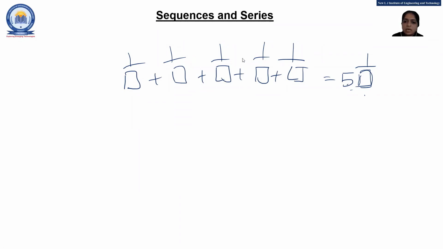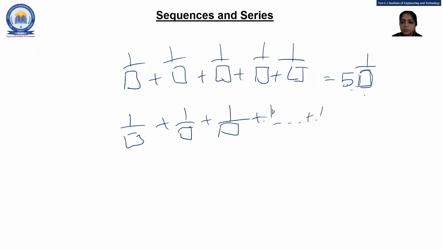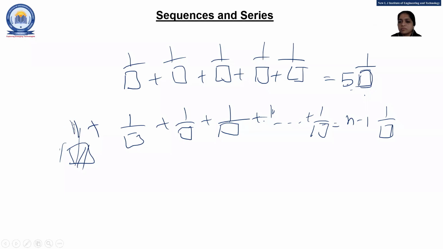So similarly, if these boxes are n minus 1 times, then what will you represent here? That is n minus 1 times these boxes. Plus 1 is different. There is no box here, so plus 1 is different. So you cannot add it in that.